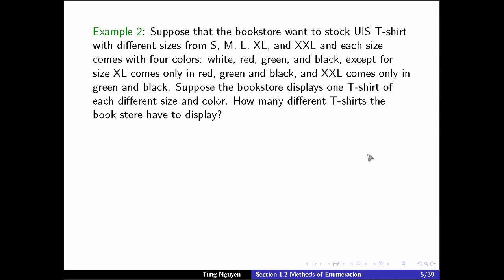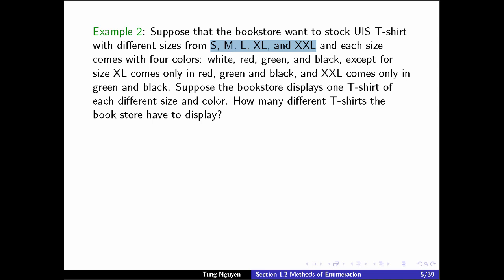Let's take a look at another example. This time we have a bookstore wanting to stock t-shirts with different sizes. Here we can see there are 5 different sizes, and each size comes with 4 different colors: white, red, green, and black.